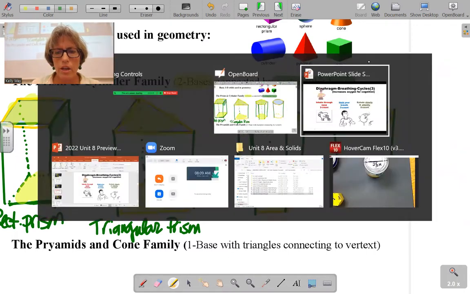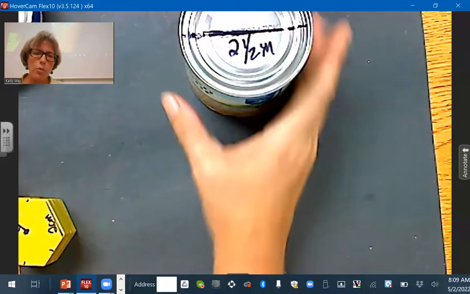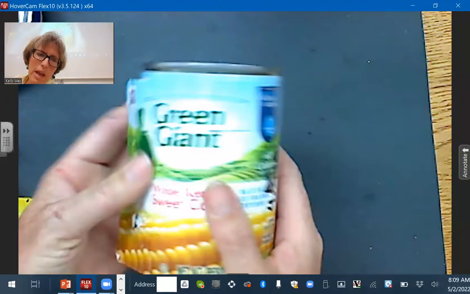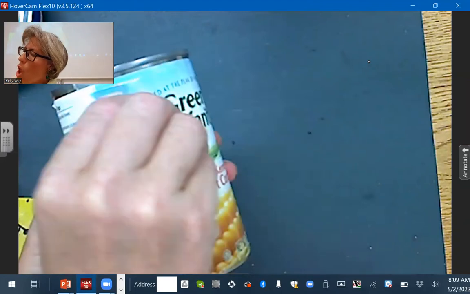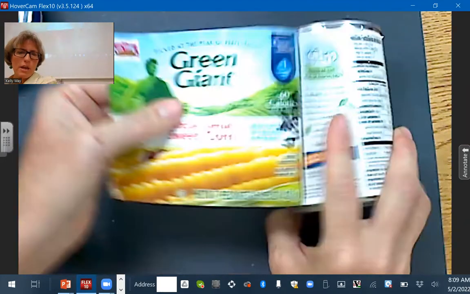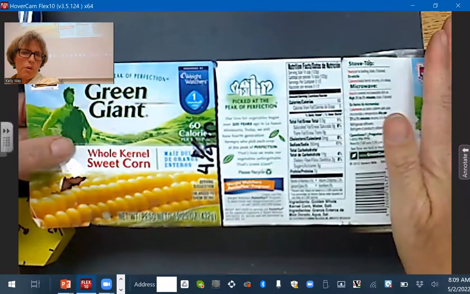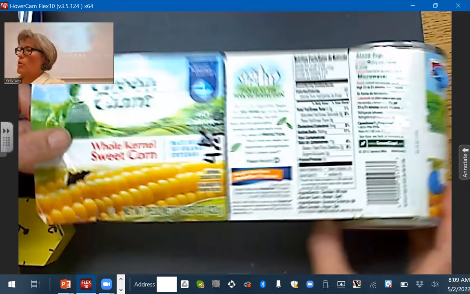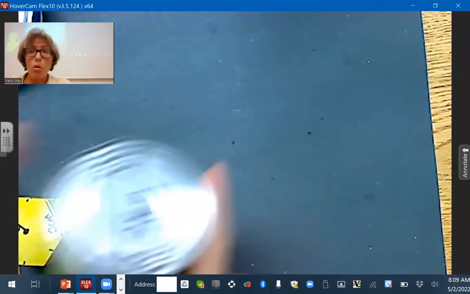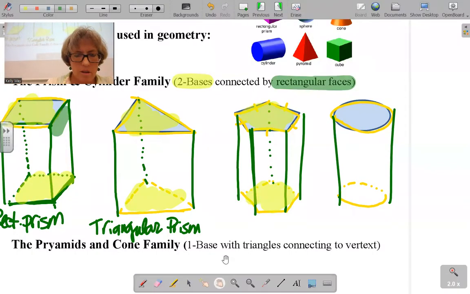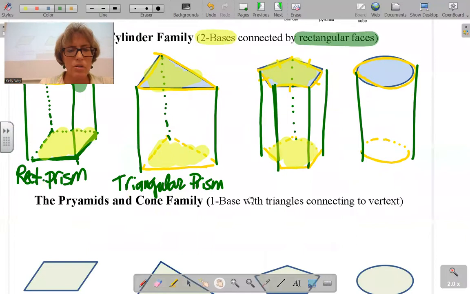Watch carefully. Instead of multiple rectangles, a cylinder has 2 bases, and it has one long rectangular face, if you will, that connects the 2 bases. That would be like the label on this can. So even in a cylinder, the bases are connected by a rectangle. Two bases connected by rectangles.